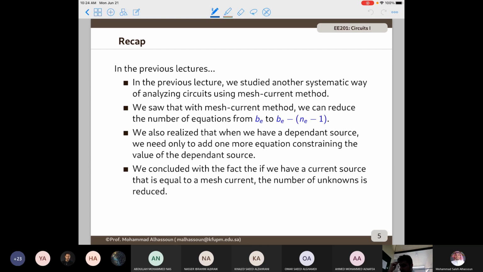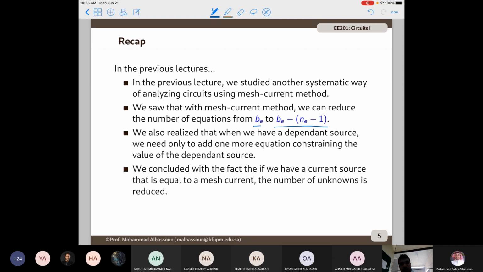In the last lecture, we introduced another technique. Instead of introducing a node voltage, we introduce a mesh current variable in each mesh. This reduces the number of equations from BE to BE minus (NE minus 1).